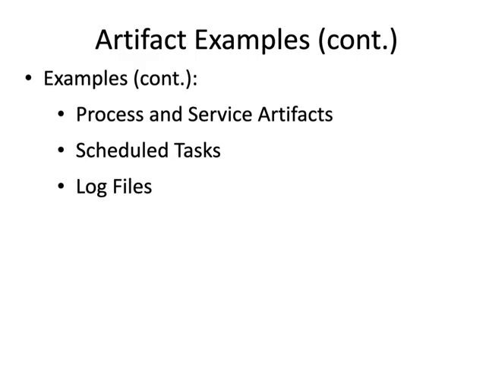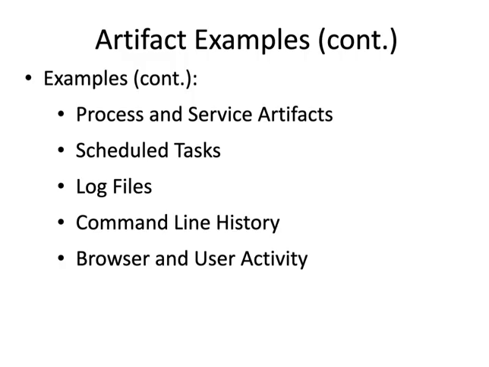We might also want to look at log files. Some OSs with proper configuration can actually record the commands that the users have issued. If our system does that, we might want a command line history. We might want to look at browser activity and user activity on the machine.